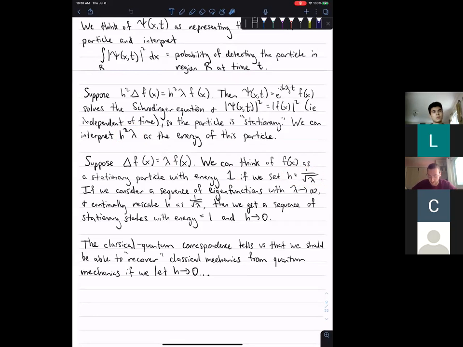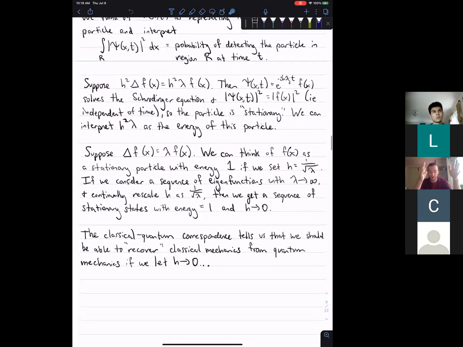And now imagine we have a sequence of eigenfunctions with eigenvalue lambda going to infinity. And we keep rescaling h so that it's equal to 1 over square root of lambda. Then we have a sequence of stationary states with energy which is a constant equal to 1.